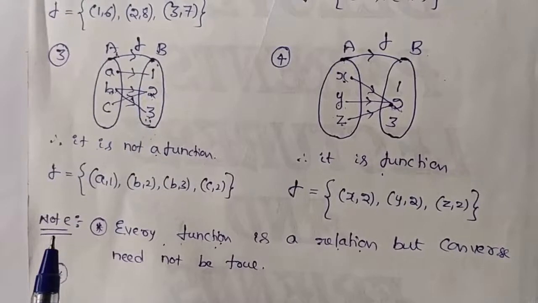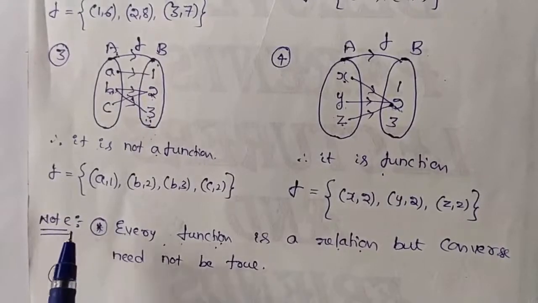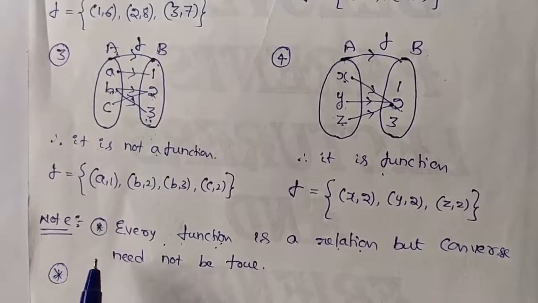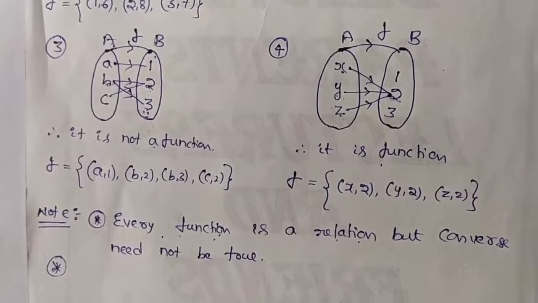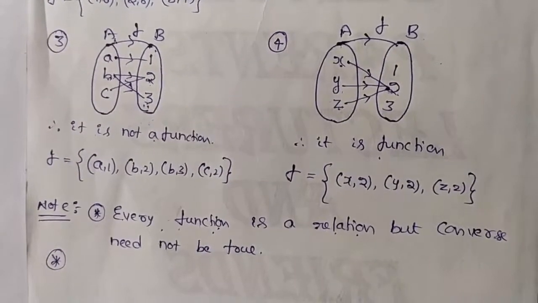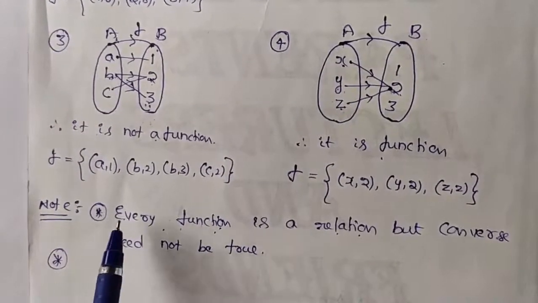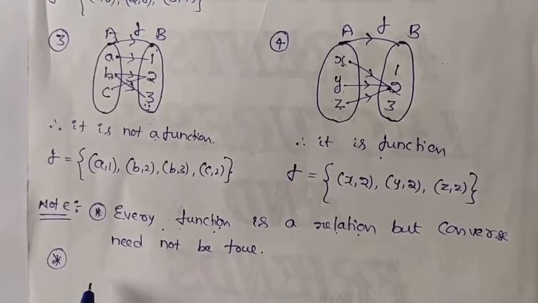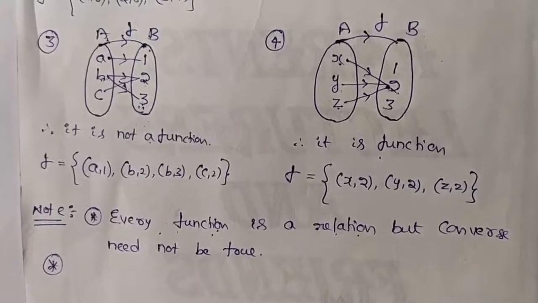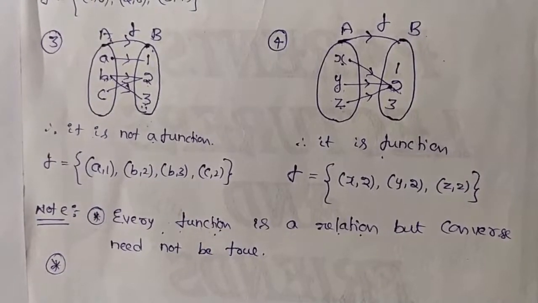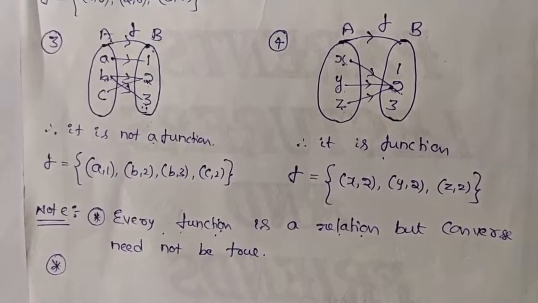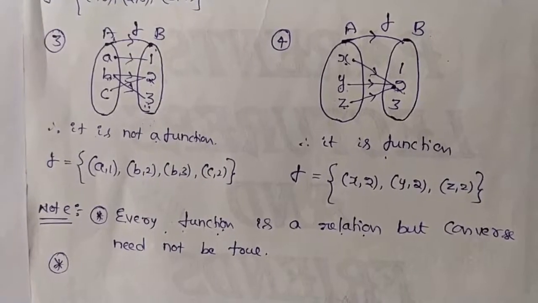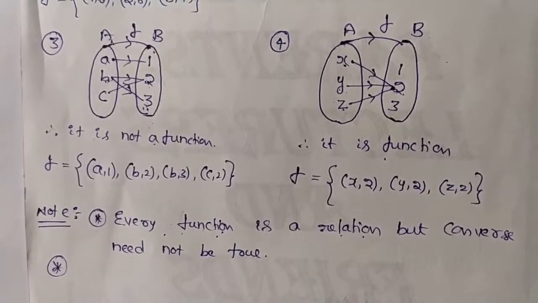Suppose a relation is given in a roster form. How can you identify whether that relation is a function or not a function? For that we have one simple point. Just note down that point. That will be very helpful to verify whether the given relation is a function or not.